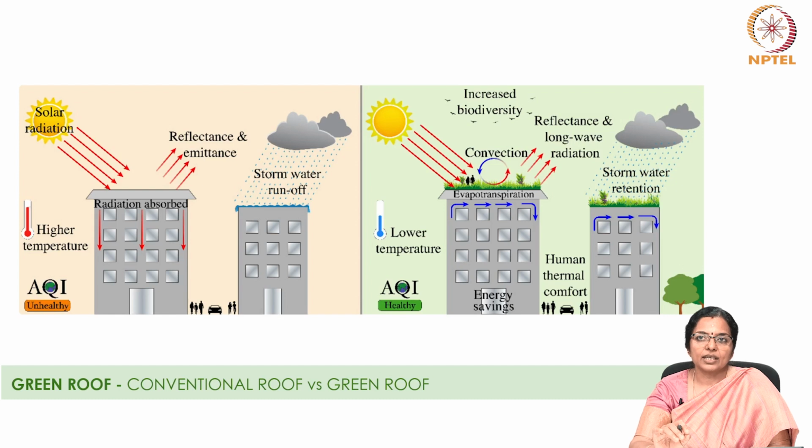So using green roofs in cities or other built environments with limited vegetation can moderate the heat island effect, particularly during the day. Green roof temperatures can be 4 degrees lower than those of conventional roofs, and this can reduce the city-wide ambient temperature by even up to 3 degrees centigrade.